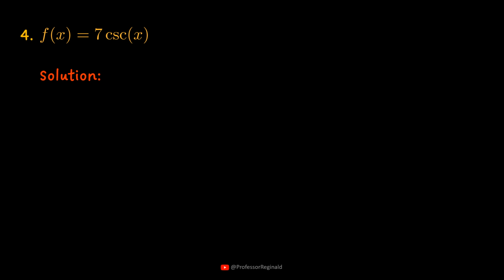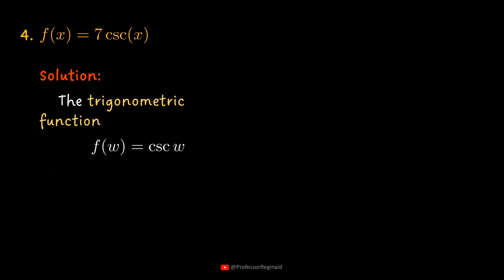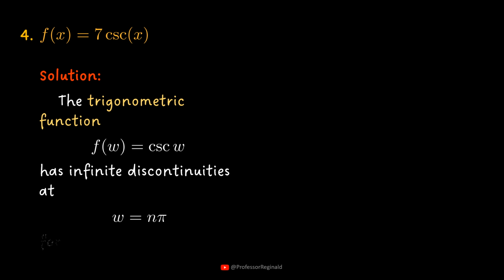Solution. The trigonometric function, the cosecant of w, where w is a temporary variable, has infinite discontinuities at w equals n pi, for n equals 0, positive or negative 1, positive or negative 2, and so on.